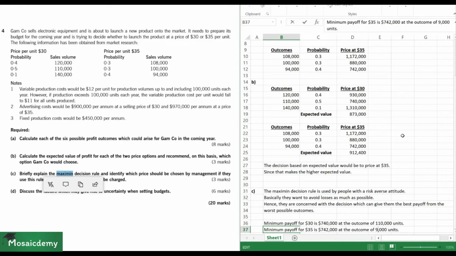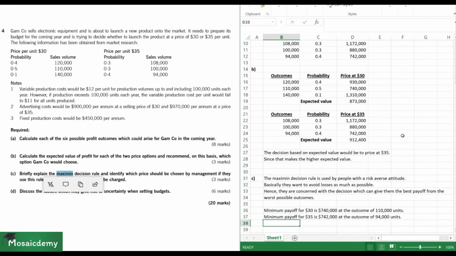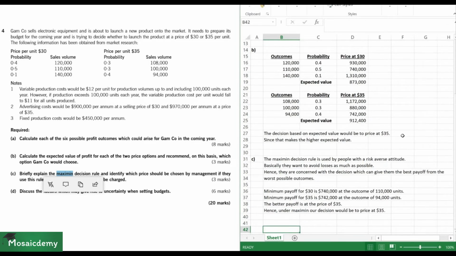Okay, the better payoff is at the price of $35, right? Hence, under maxi-min, our decision would be to price at $35, right? Simple, straightforward. Okay, so we're done there as well.